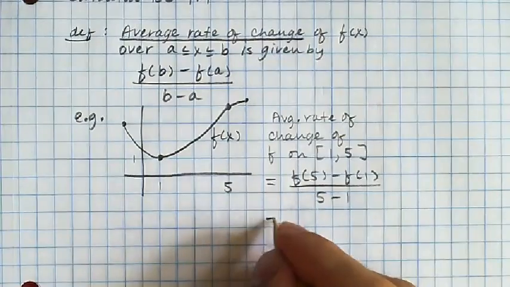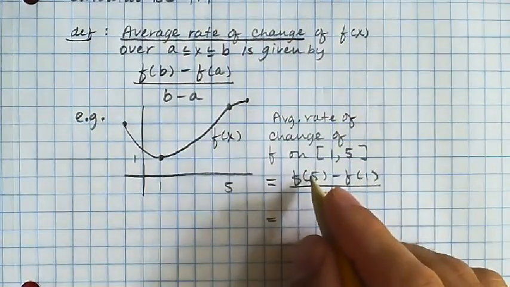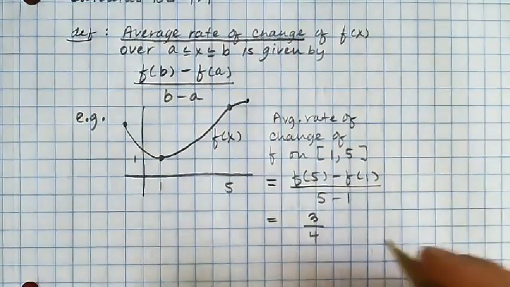Okay. And that's going to be, well, f of 5 is looking like 4, f of 1 was 1, so 4 minus 1 is 3, over 5 minus 1 is 4.